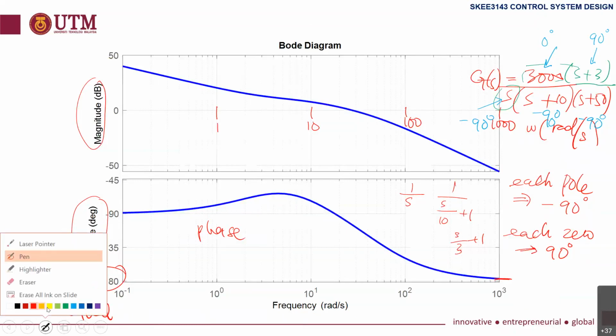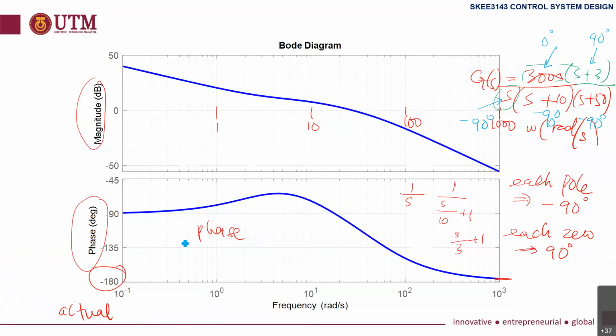Also here we know that the break frequency is 3. 3 here, the break frequency. We have also 10, another break frequency, and 50. Here 50 is also another break frequency.